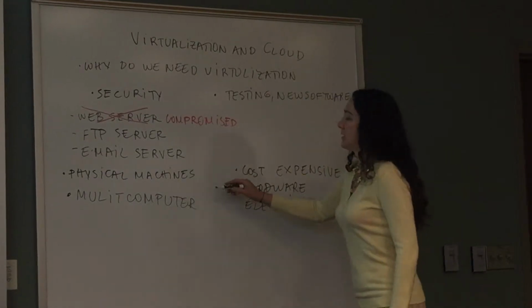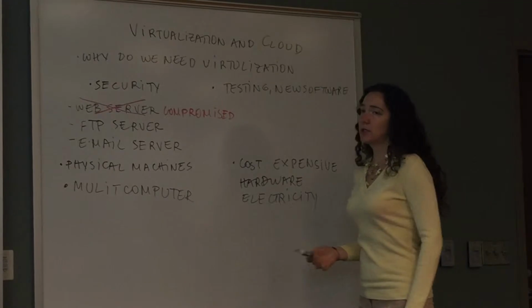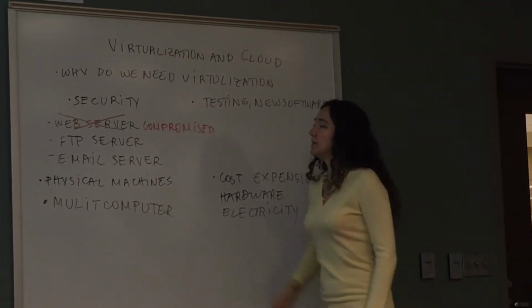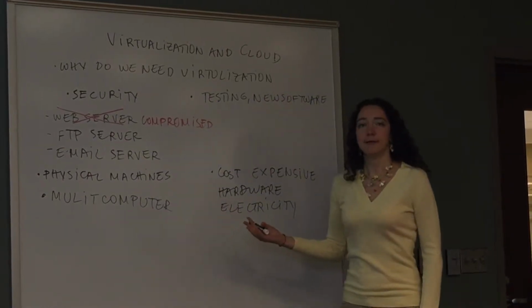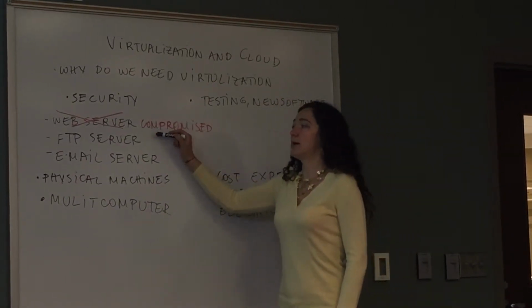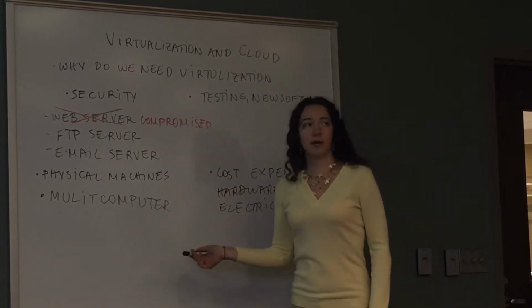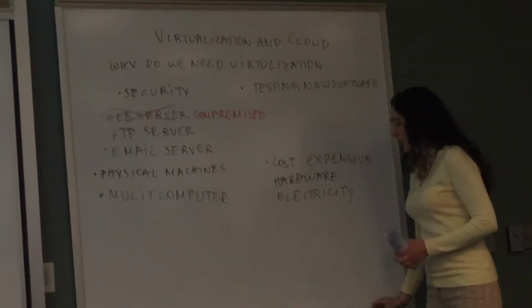So if we have these virtual machines, we could utilize the same hardware and run each one of these servers in its own machine, so that when one gets compromised, the rest are not affected, but they are sharing the hardware. In this way, we would avoid the costs.